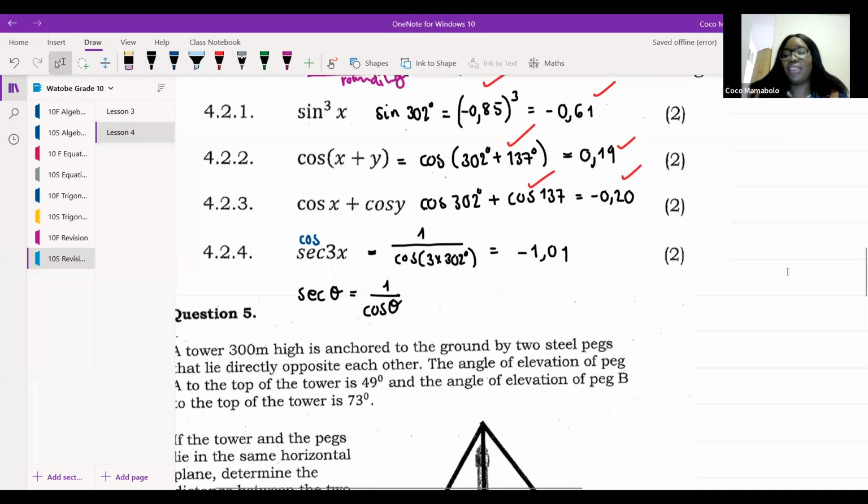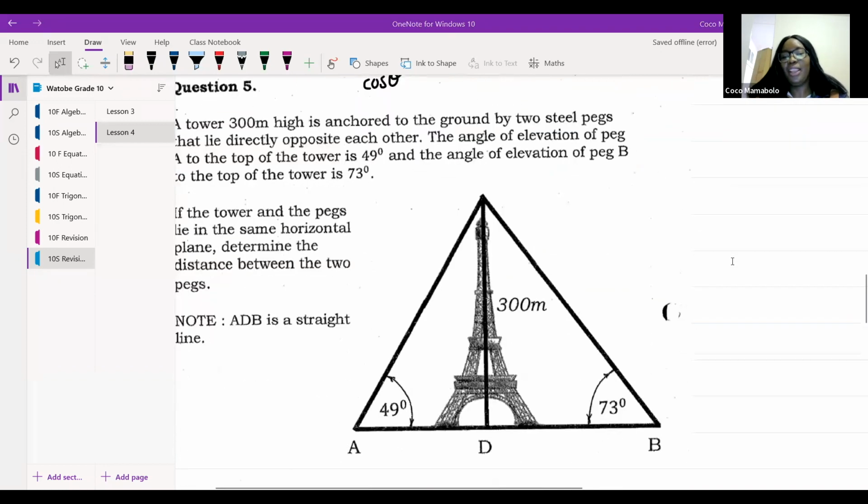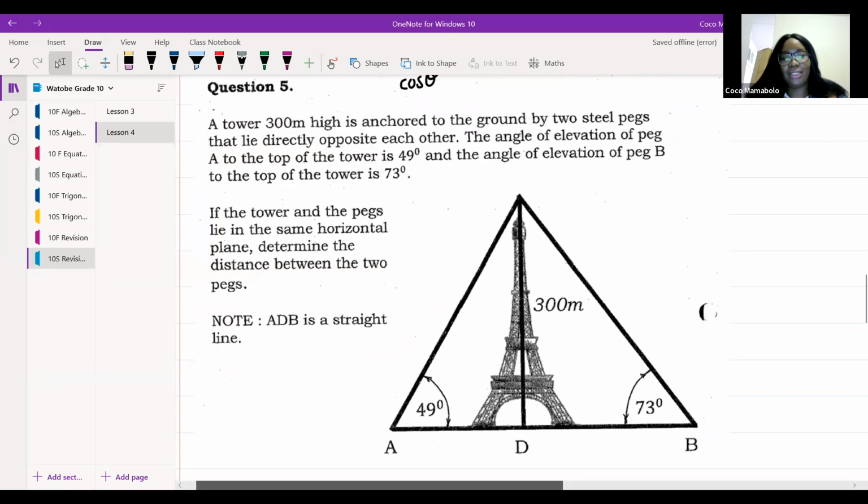Question 5 isn't that bad. Let's have a look, guys. Question 5 says, a tower 300 meters high is anchored to the ground by 2 steel pegs that lie directly opposite each other. The angle of elevation of peg A to the top of the tower is 49 degrees, and the angle of elevation of peg B to the top of the tower is 73 degrees.